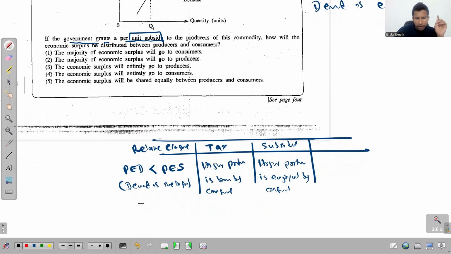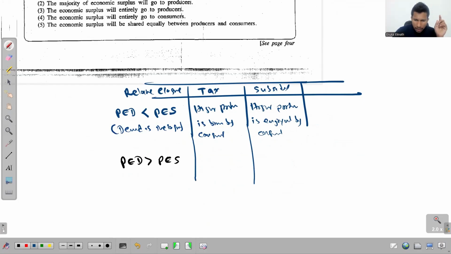The second one, imagine that price elasticity of demand is greater than the price elasticity of supply. So what happens? The opposite happens. In this case, I can write supply is relatively inelastic.